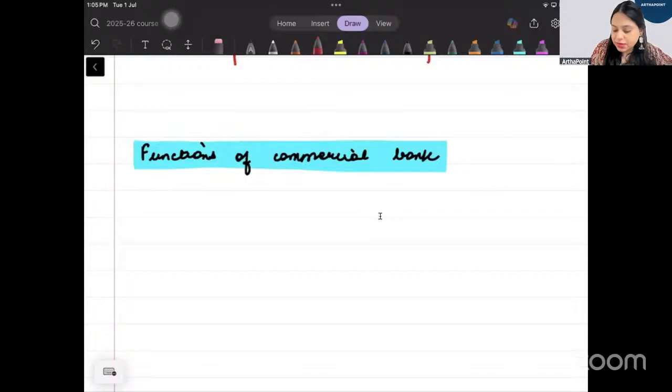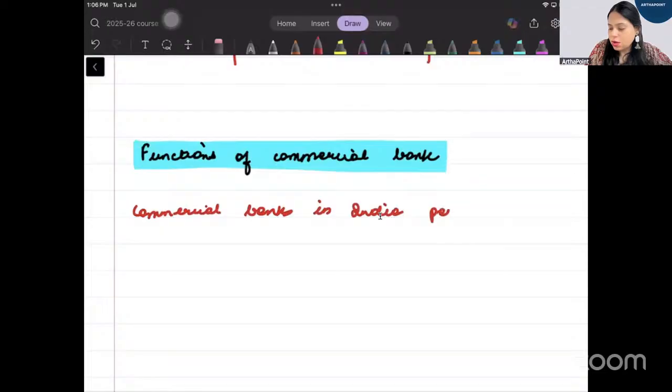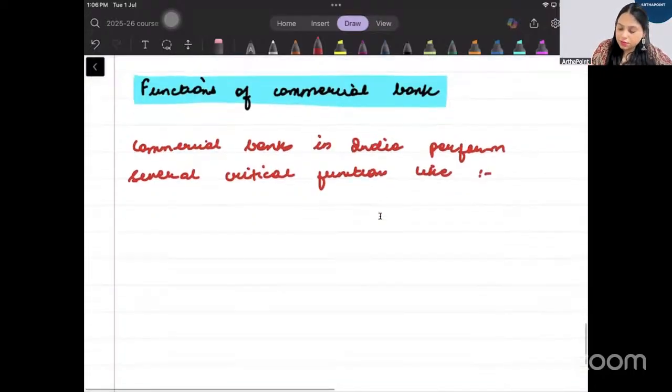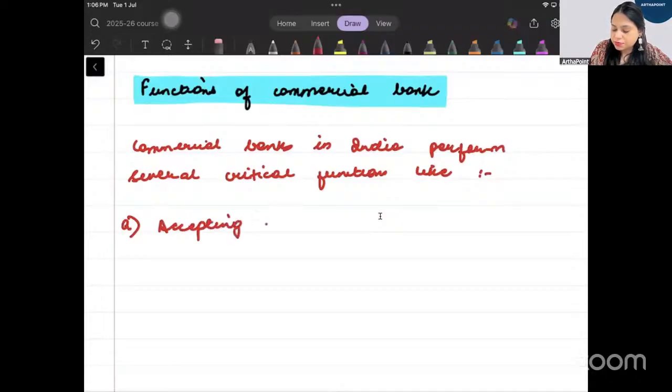Please write it with me. Commercial banks in India perform several critical functions like A, accepting deposits, right?